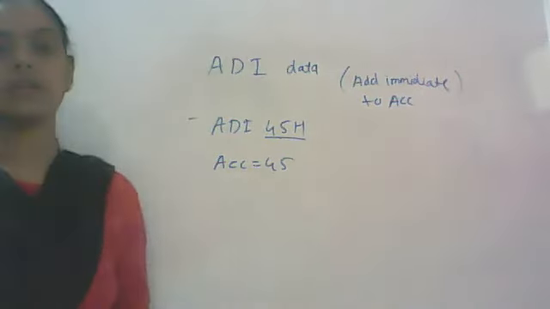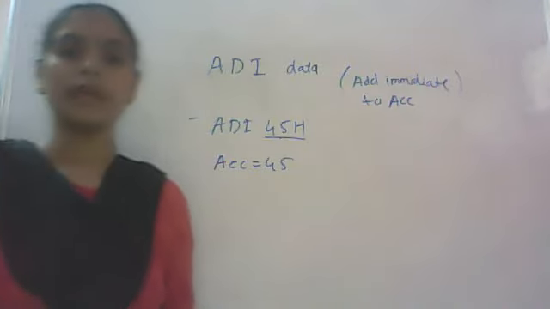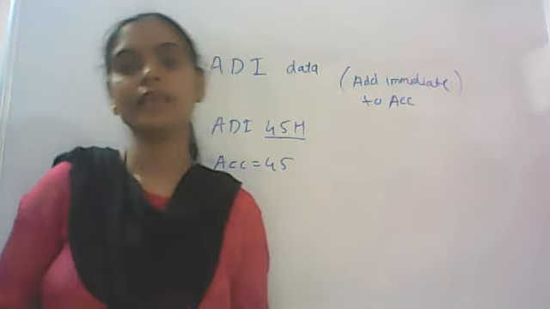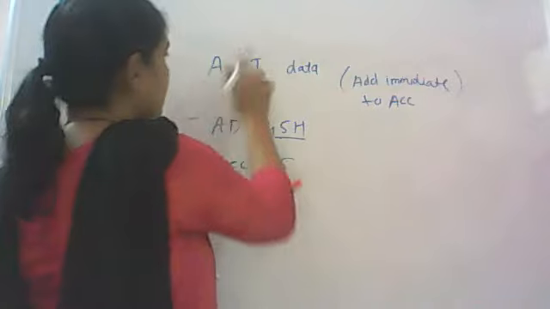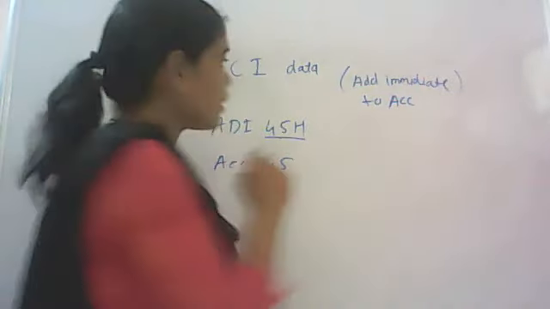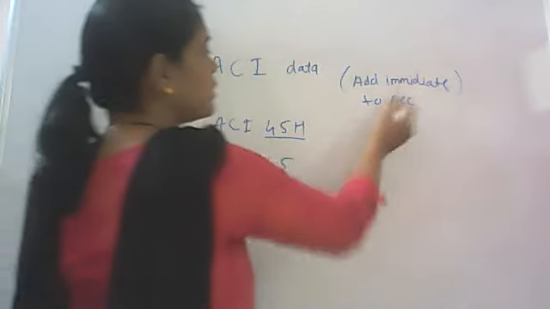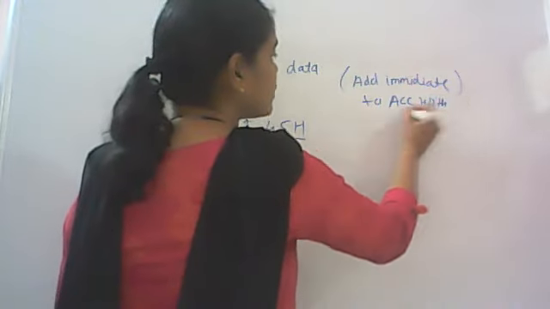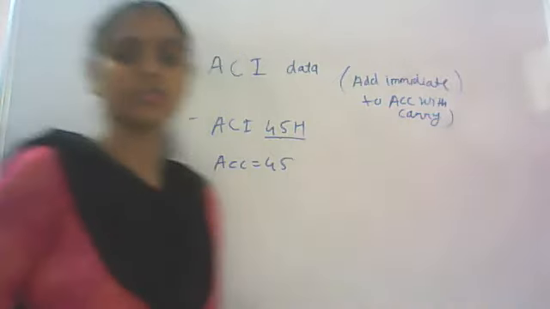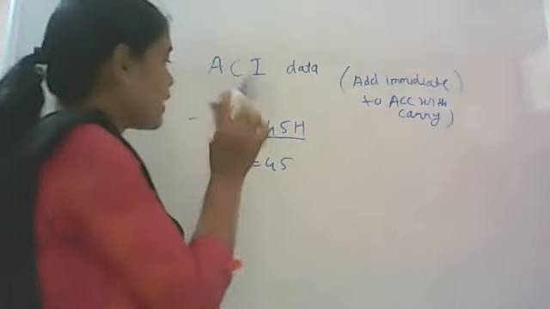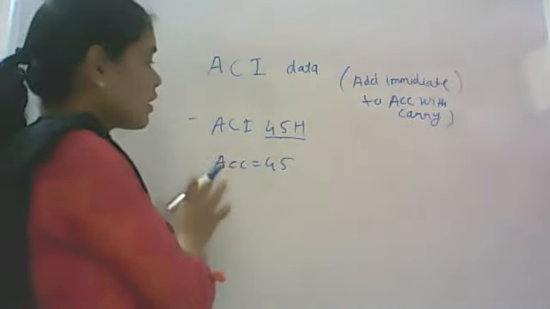Now we see the next instruction, that is ACI instruction. Add immediate to accumulator with carry. Same example here. Similar to ADI instruction, ACI adds immediate data to accumulator with carry.